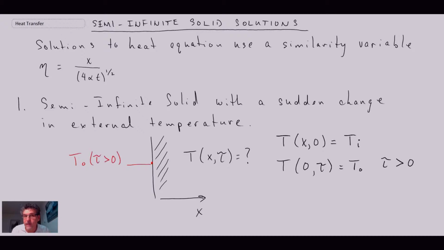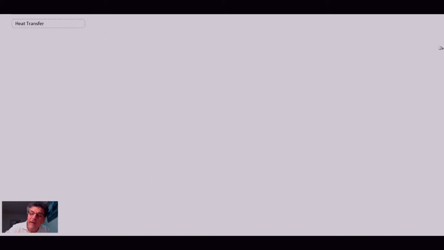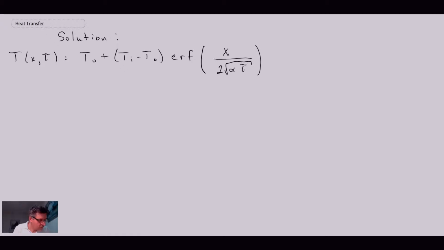I'm not going to go through the similarity solution for this. You can look in pretty much any textbook on heat transfer and you can find it. I'm just going to give you the final result, and we're going to do that for all three cases that we look at in this segment. So that is the temperature distribution, and notice what we have here.